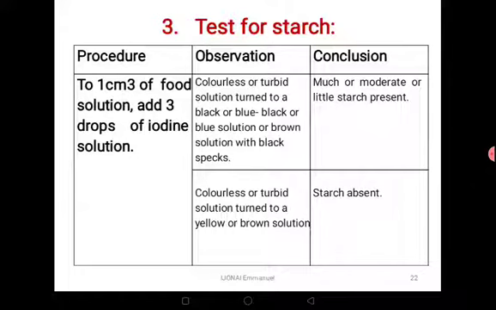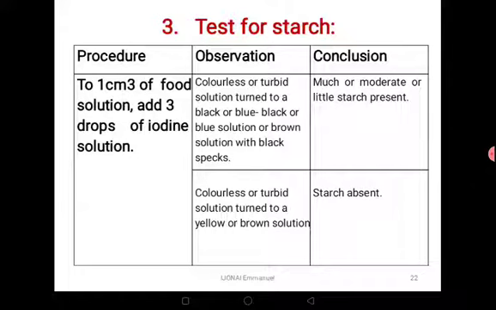So you can say a turbid solution turned to a black solution, or it could have turned to a blue-black solution, or to a blue solution, or brown solution with black specks. Now I have given you all this because there are possibilities in this test. So we shall explain what each one of them means.